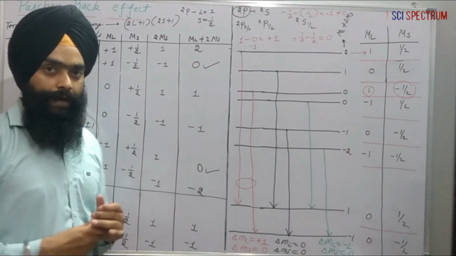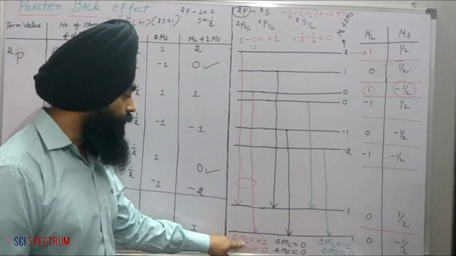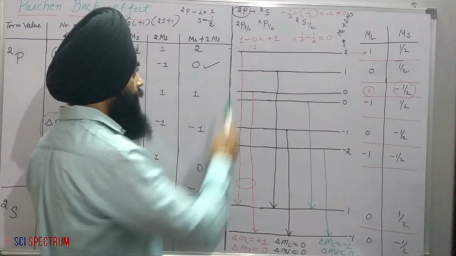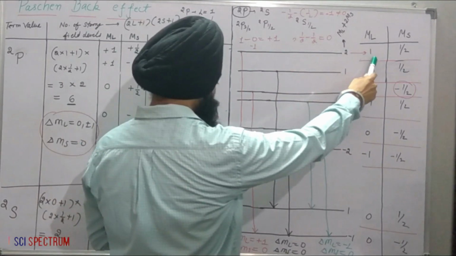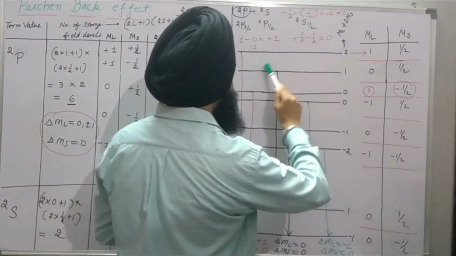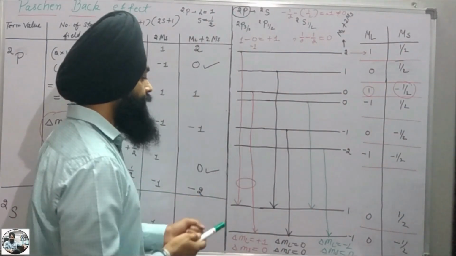So again I can repeat, for these two transitions we have delta ml is equal to plus 1, delta ms is equal to 0 simultaneously. Let us see. 1 to 0, delta ml is plus 1 and half to half, delta ms is equal to 0.